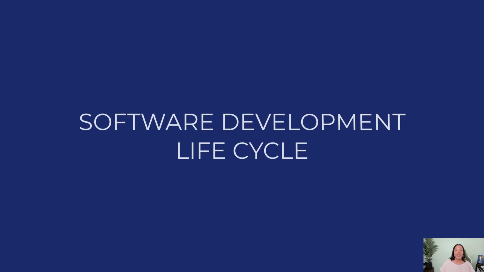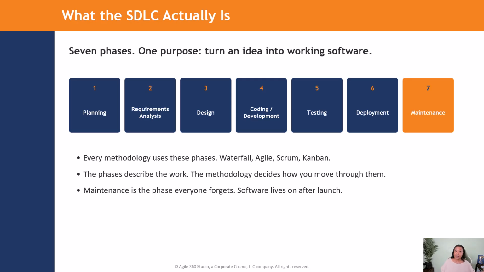So what is SDLC? It stands for Software Development Lifecycle, and it is simply the path that every piece of software travels from idea to reality. 7 phases. We have planning, which is deciding what to build and why it matters. Then there's requirements or analysis, getting specific about what the software must do.